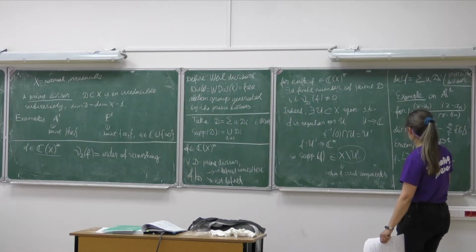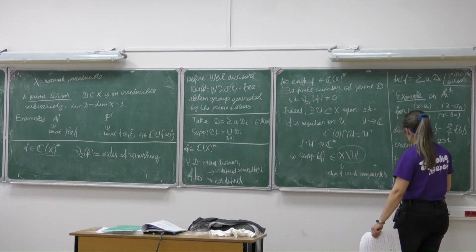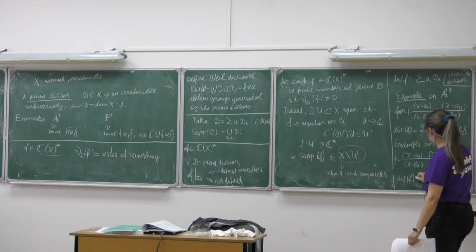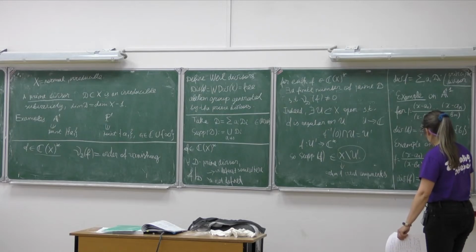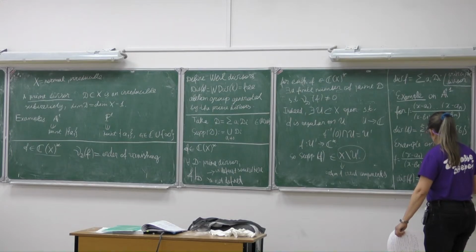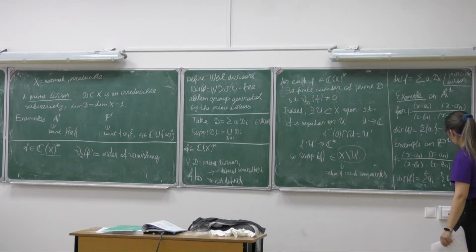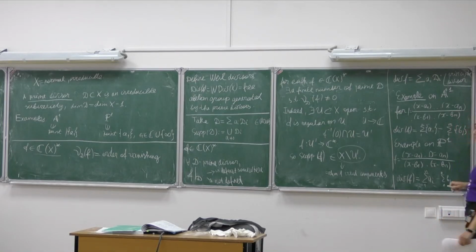In other words, the divisor of f is the sum of a_i minus the sum of b_j. In other words, this is just a formal sum of points such that the sum of coefficients is 0. Every such combination is a principal divisor. Okay.